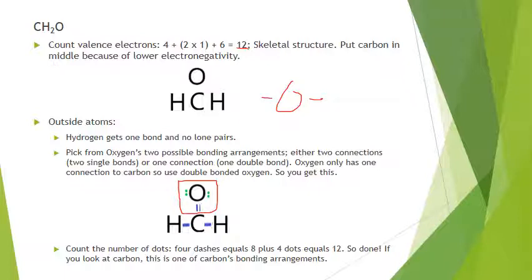Each hydrogen has 1 bond. Then count up the number of dots: 1, 2, 3, 4, 5, 6, each dash is 2, 7, 8, 9, 10, 11, 12. You're done. And if you look, oxygen has 2 bonds, 2 lone pairs. Carbon has 4 bonds. Each hydrogen has 1.